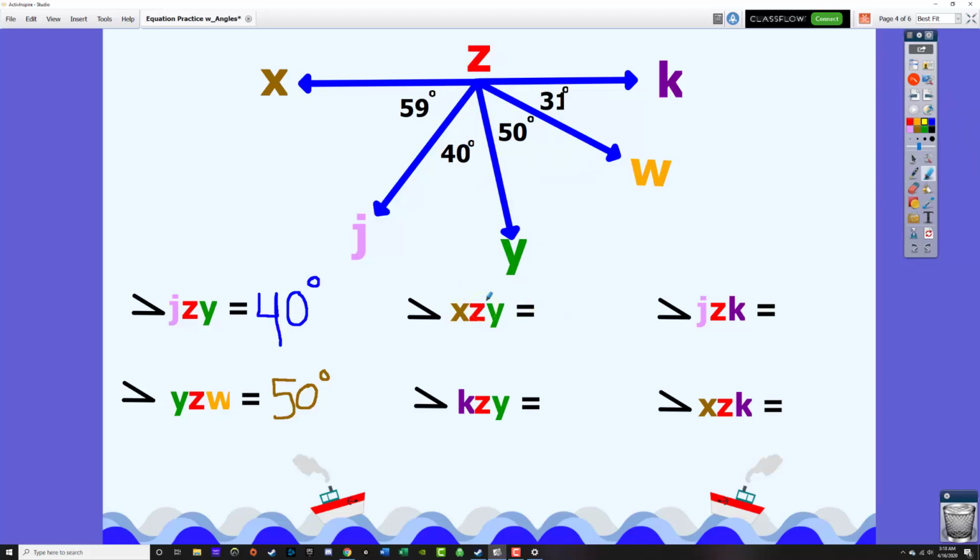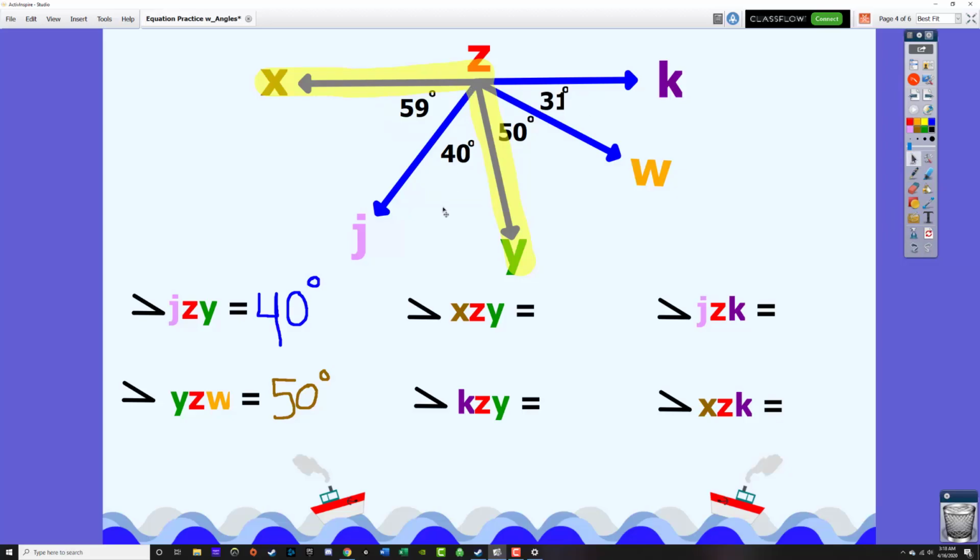Angle XZY. So X, Z, and Y. So this is where things change just slightly. So angle X to Z to Y. We want the whole thing now. We want all of this. So if we want the exact measurement, we are going to have to add both of these together.